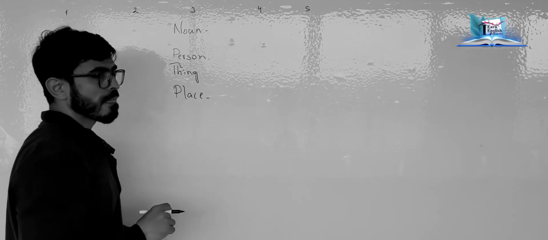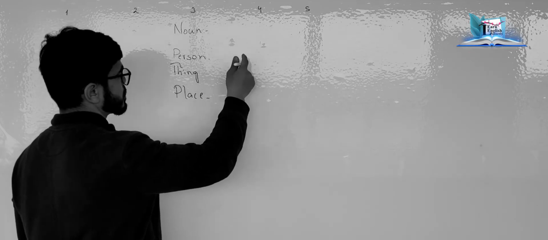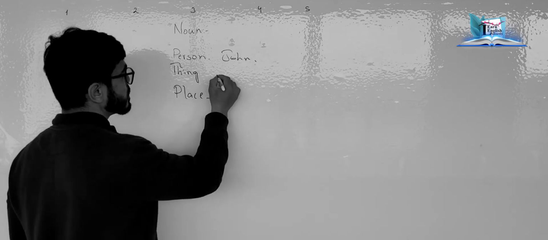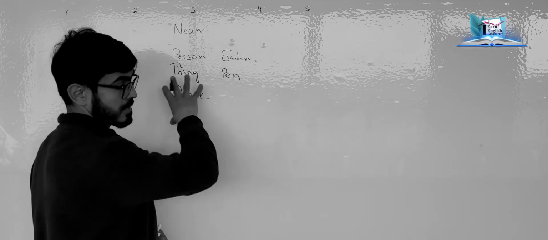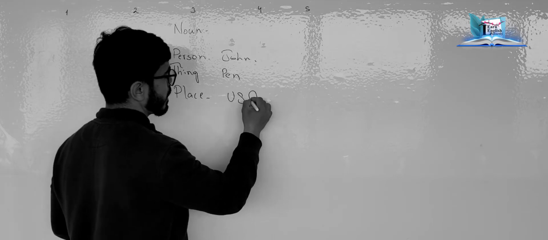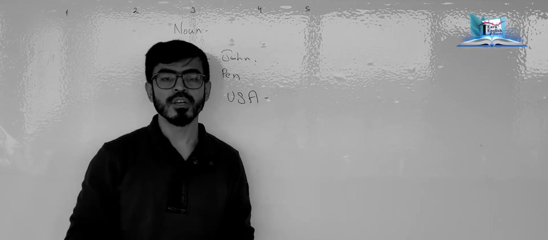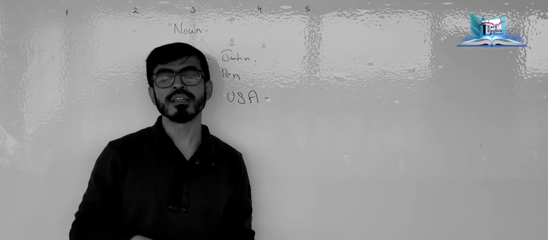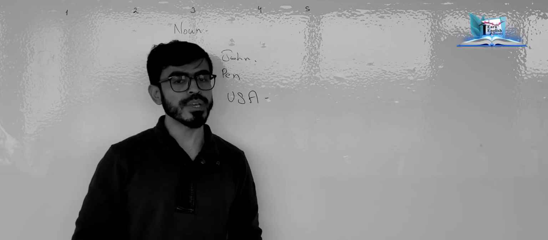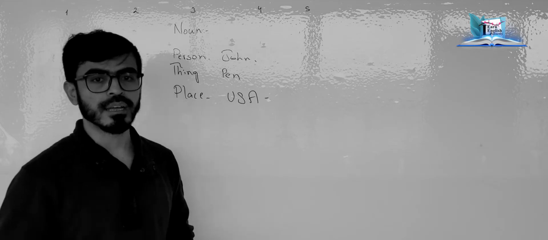So, for example, you can name a person like John, like you can say a pen, a thing, or also you can say USA or Germany, or you can say India. So these are the names, right? Names, and also they're called the nouns. So we can say that noun is the name of person, place, and thing.